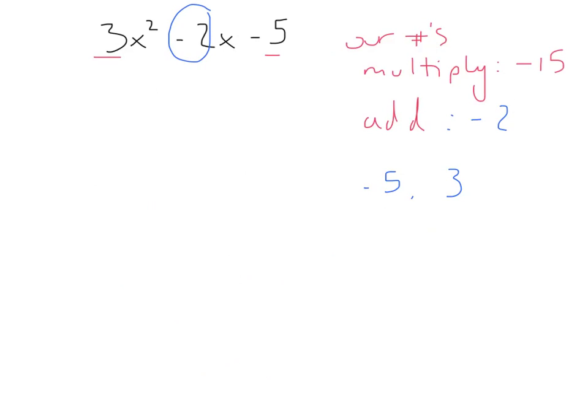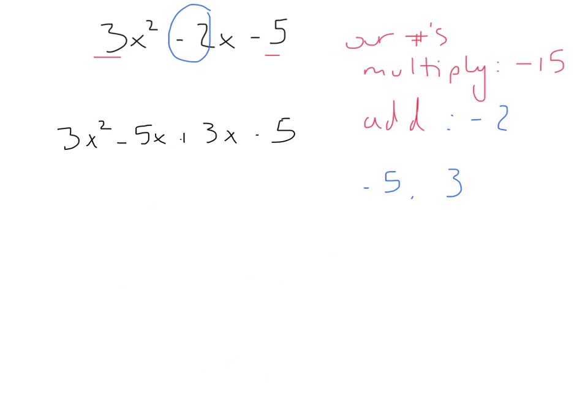So what that's going to allow me to do is let me rewrite my original polynomial in 4 terms, just like I said I always needed to factor by grouping. I'm going to rewrite the polynomial as 3x squared minus 5x plus 3x minus 5.